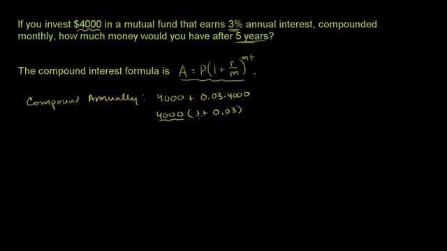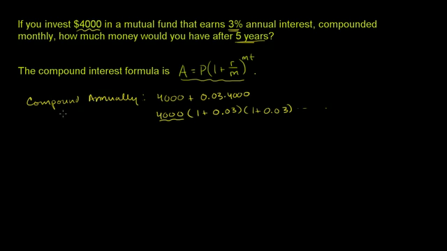Now, if you were to compound annually 5 times, you would then multiply by 1 plus 0.03 again. And the only reason why I'm not just writing 1.03 is so that you see how it relates to this formula they're giving to you. After 2 years, if you compound annually, you'll do it again and again. So if you do it for 5 years, you're going to multiply this times 1 plus 0.03 5 times.